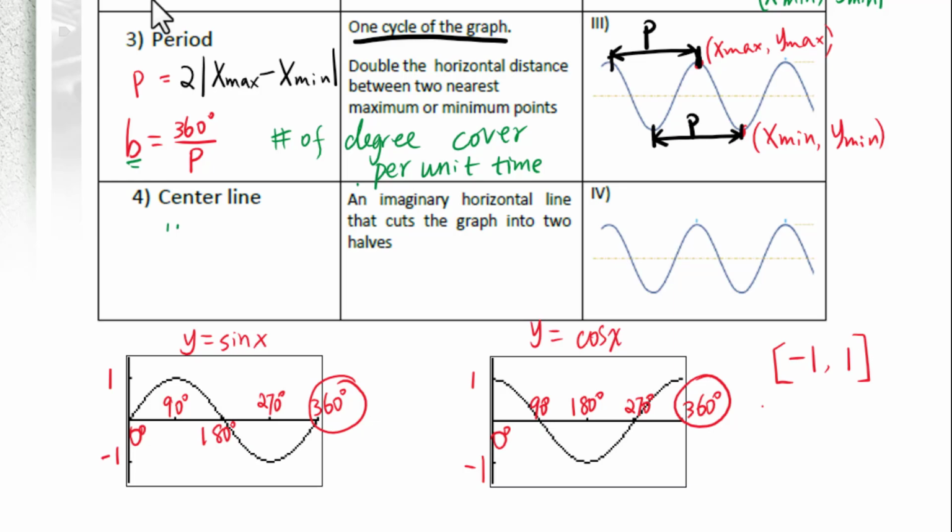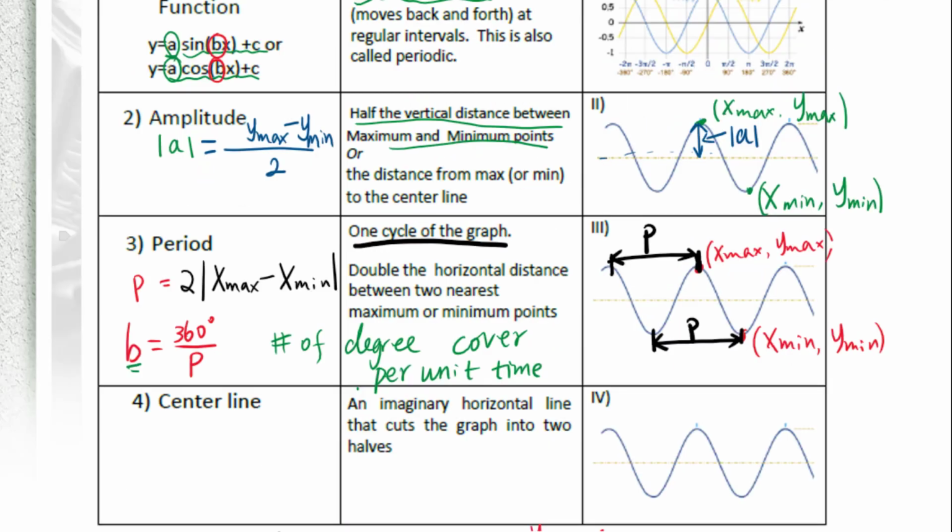Depends on the situation. Center line means an imaginary horizontal line that cuts the graph into two halves. In the function means this C. Y equals C is the center line.